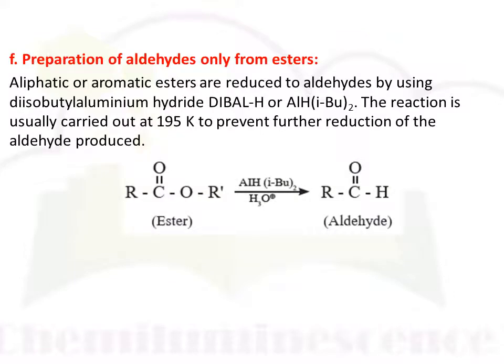This is the equation showing the conversion of ester to aldehyde, and the reagent used is DIBAL followed by acid hydrolysis. And for prevention of further reduction of this aldehyde, the reaction is usually carried out at 195 Kelvin.